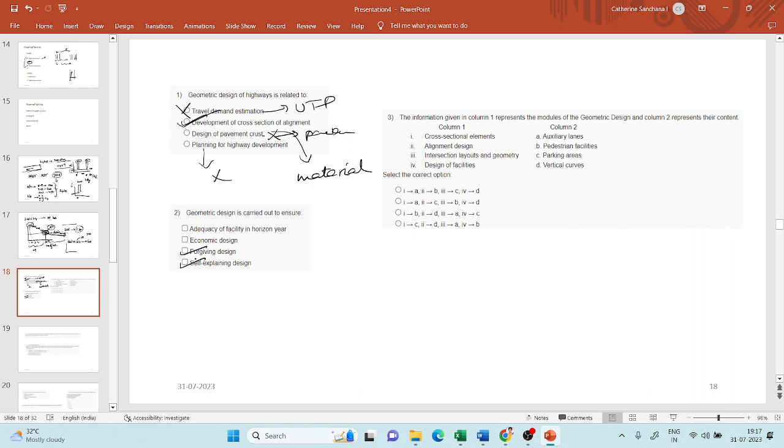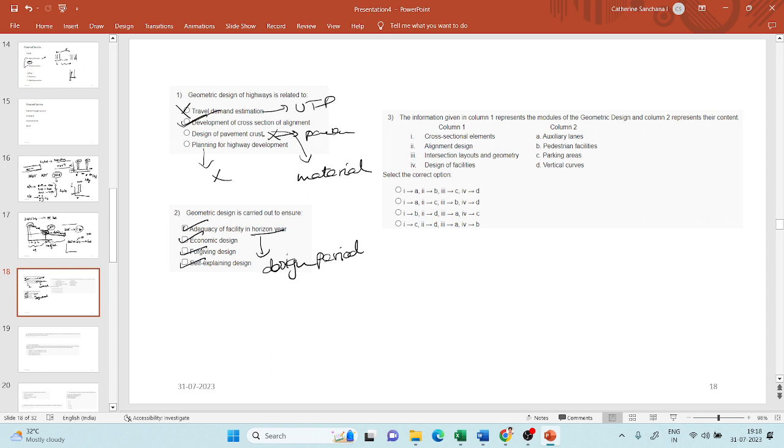It should be a self-explaining design, and we also saw that it should be economical, and horizon year is nothing but design period. So I said design period is also one of the factors in determining the geometric design of highways. So that also is the correct answer for this question.